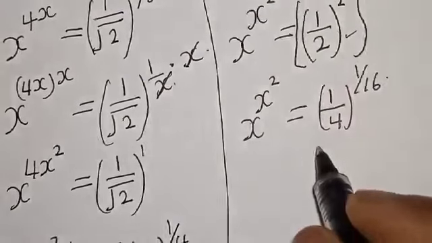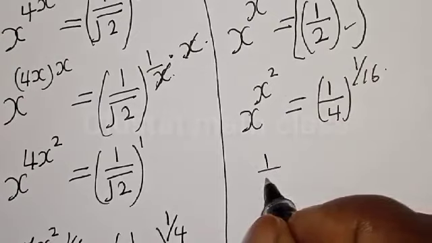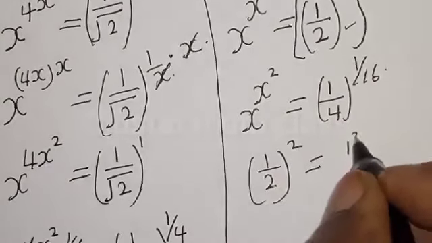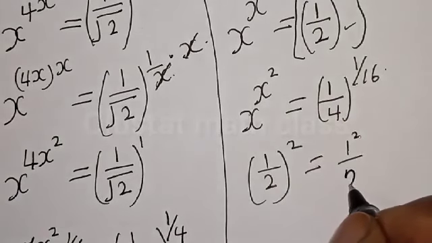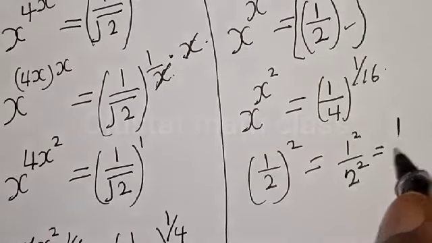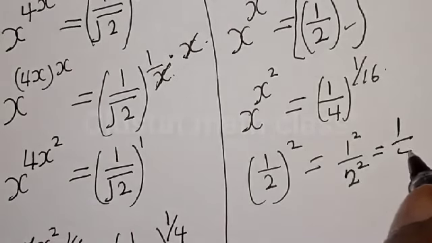That is, if you have 1 over 2 all squared, the same thing as 1 squared over 2 squared, which is equal to what? 1 squared is 1 and 2 squared is 4.